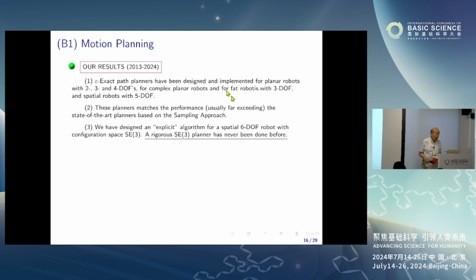And you want to implement it. Rigorous, complete, implemented. We are almost there. We're in the process of implementing. We have designed it. This has never been done. This has been a challenge among theory people for a long time.